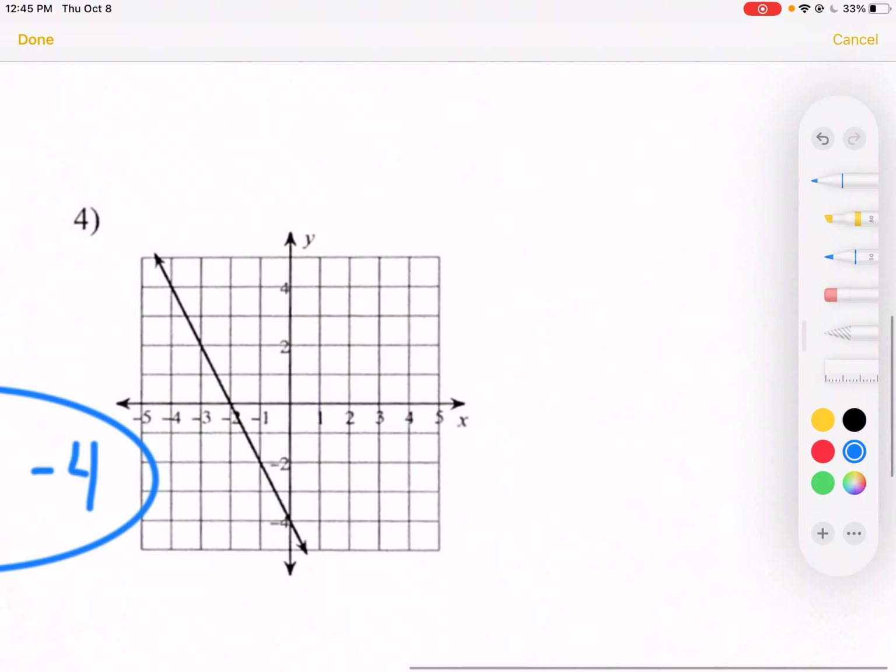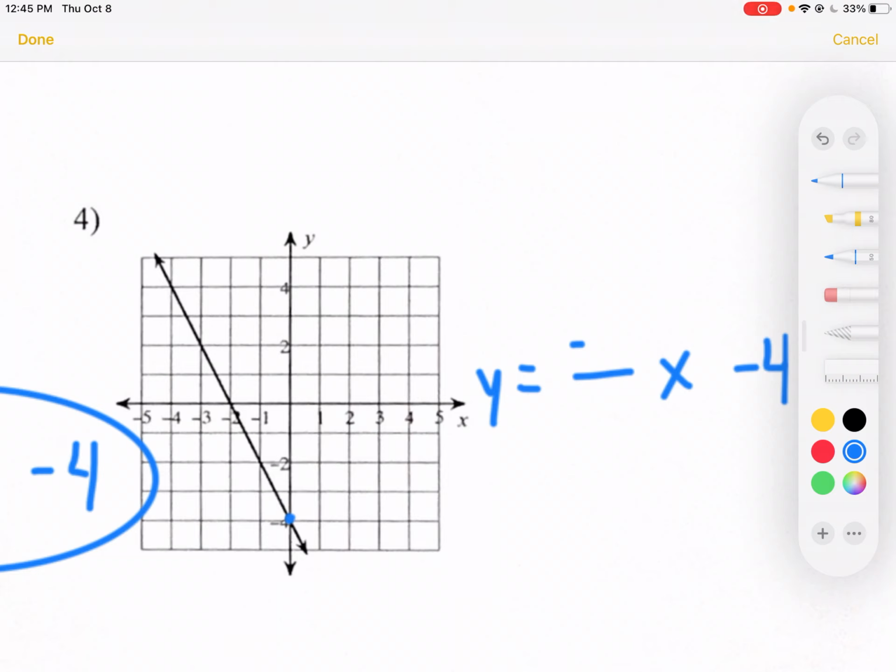Let's go ahead and look at number 4, and then we'll stop and let you work on Delta Math today. I have a y-intercept of negative 4. And then my slope is going downhill from left to right, so I should have a negative slope again. So I know it's going to be negative something.